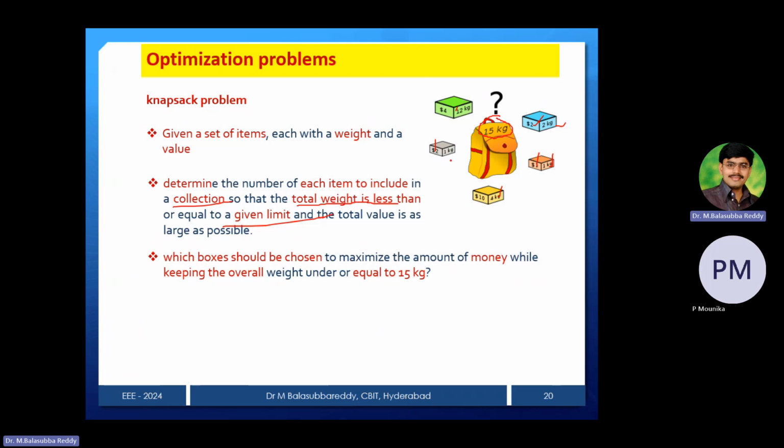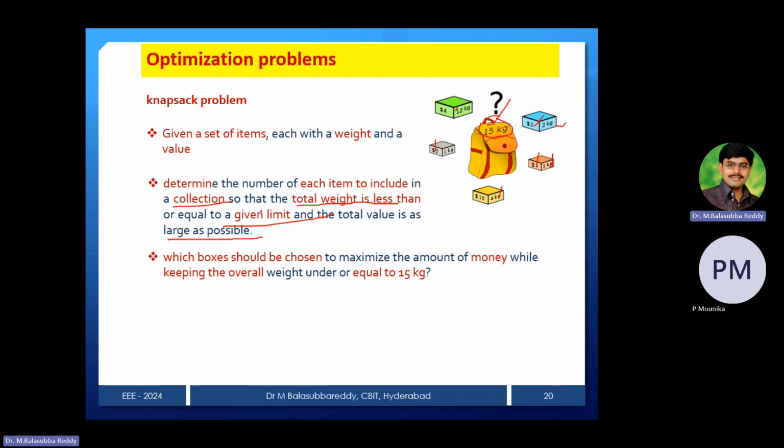So now we need to select weights in such a way that we determine the items, and how many of each to include. While including them, this has to be satisfied: the total weight is less than or equal to the 15 kg limit, and the total value is as large as possible.